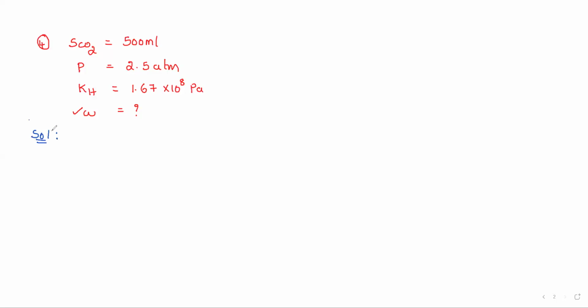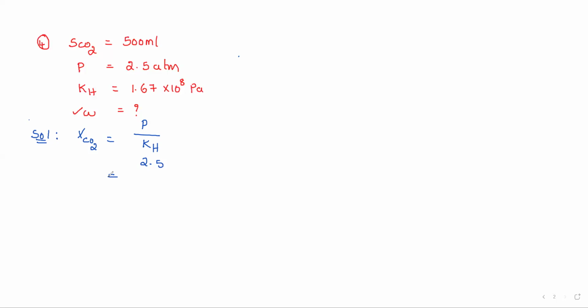First you can take the mole fraction of CO2. We can also say this is the solubility according to the data: pressure upon Henry's law constant. This is one formula you already know. Pressure given is 2.5 atm. This atm we need to convert into pascal.